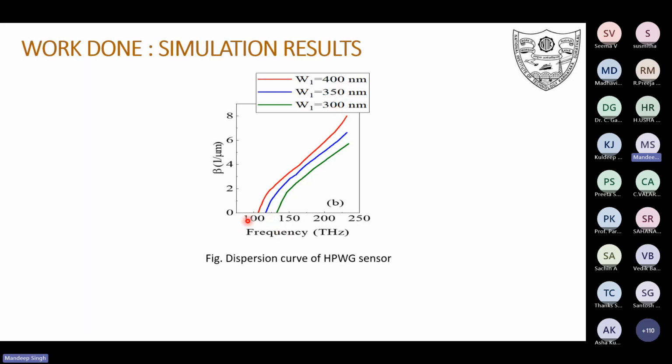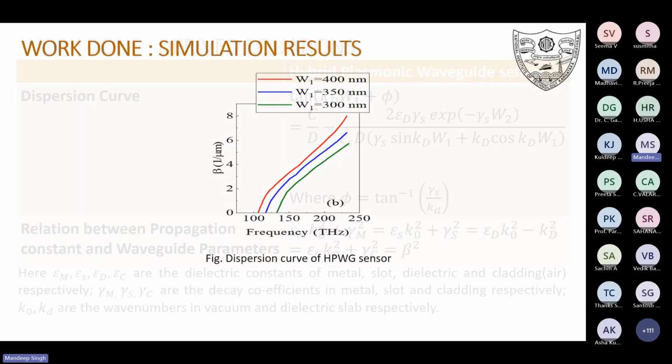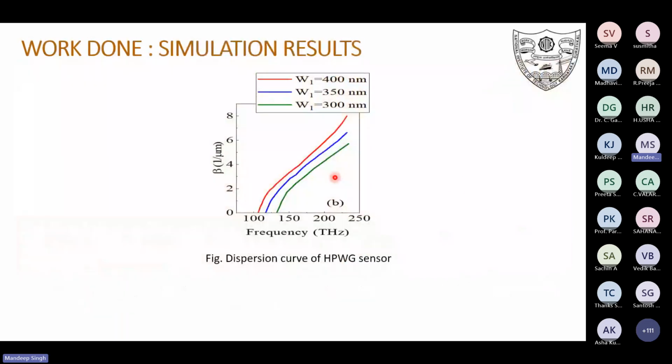And here you can see from this frequency we can easily get the cutoffs. So for 300 nanometer also, it follows the cutoff condition. Because ours is 193.1 terahertz, it clearly shows some dominant modes. So through the dispersion relation, we have validated the dominant modes.